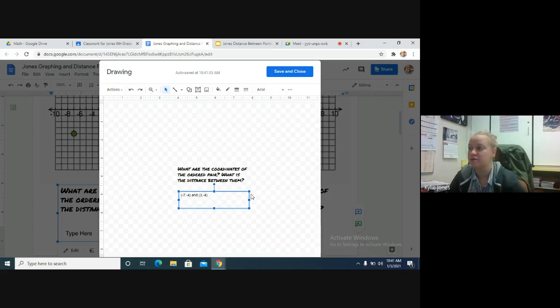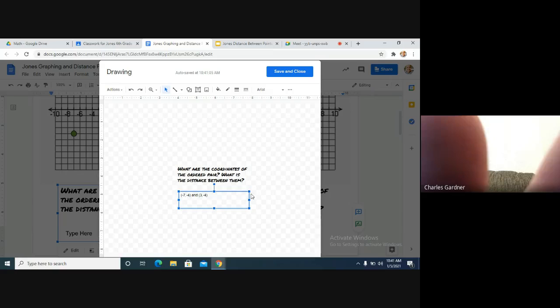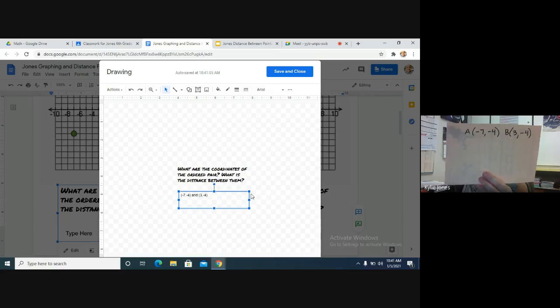All right. So we have our ordered pairs, and then if we look at me in the corner, let's do this problem and find our distance. We need to look for the numbers that are different, right? What are our different ones on here?